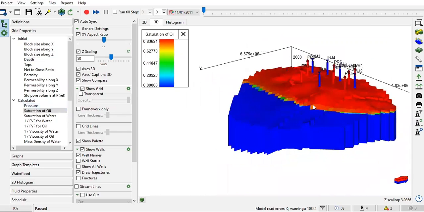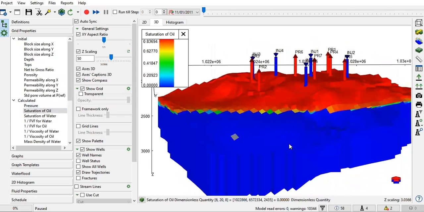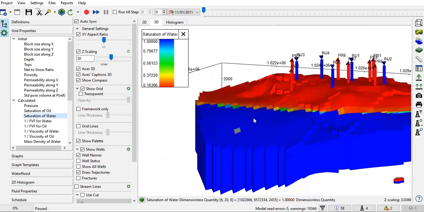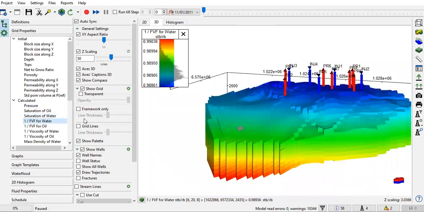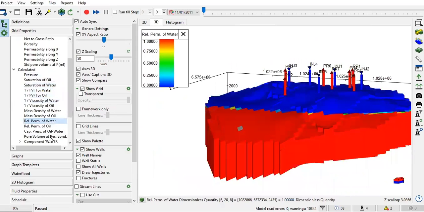So this is our oil zone, and then below that we have the water zone, and other properties.